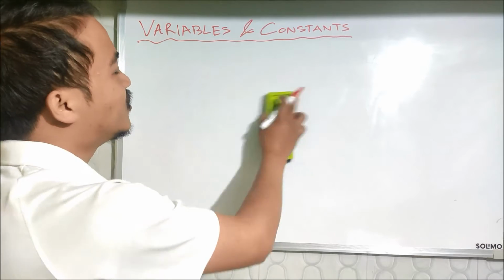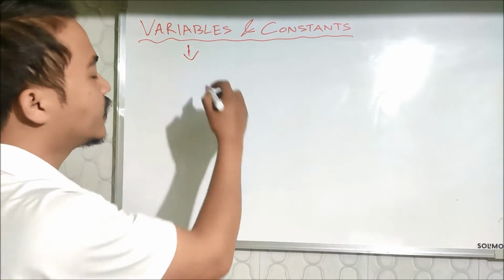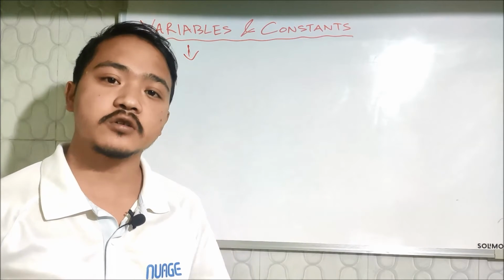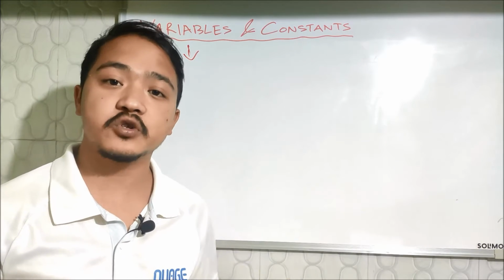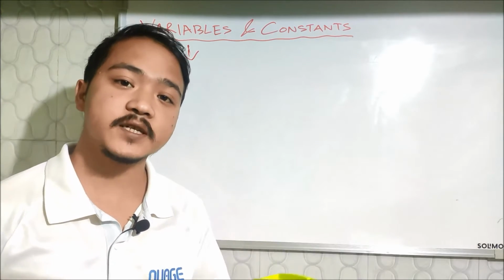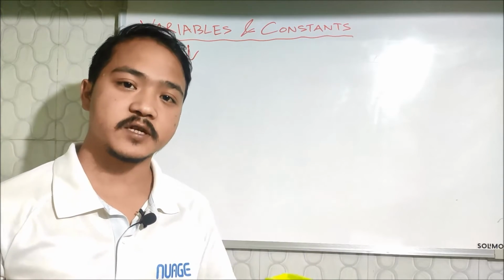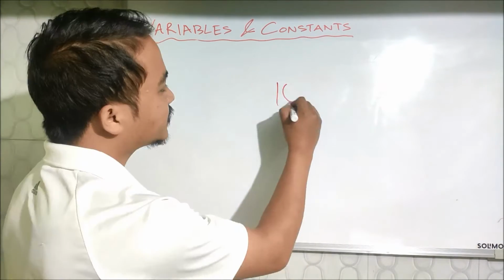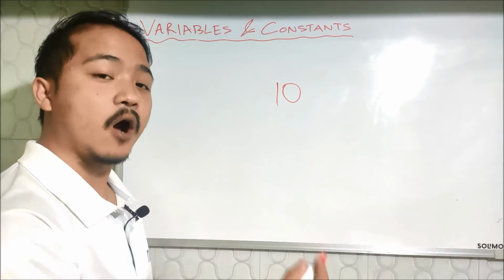Simple. So what are variables? A variable is just a name given to a storage location in computer memory. If you want to store 10 in memory, how will you retrieve it?